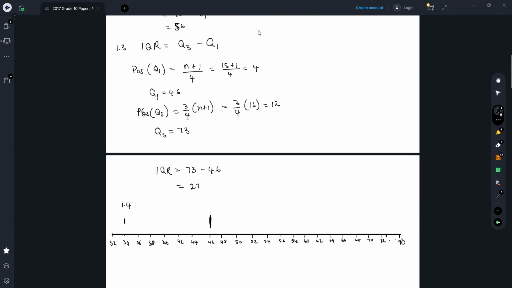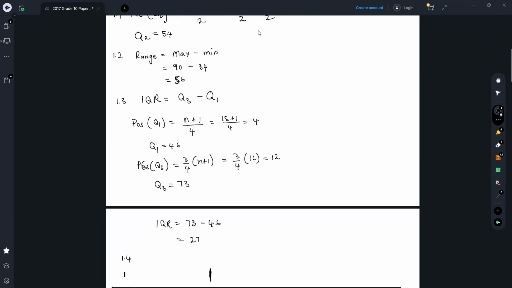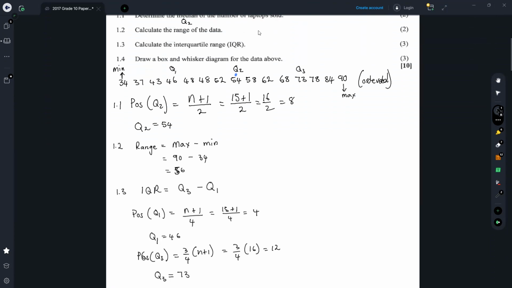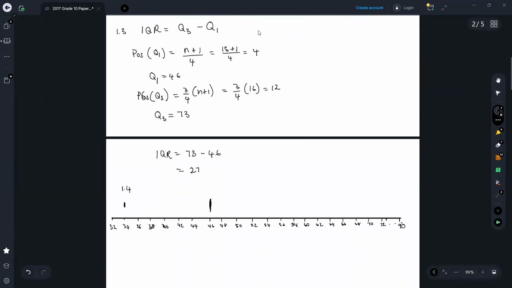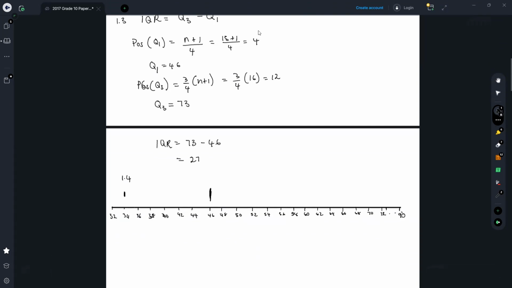Then my Q2 was at, what is the value of Q2? 54. 54 is somewhere here. And we had the value of Q3 somewhere around 72, 73 there.